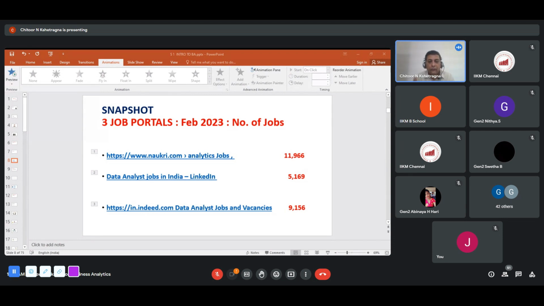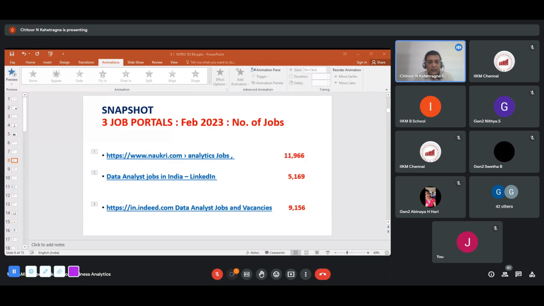LinkedIn is more professional. We all know what Facebook is, we all know what Twitter is. All of these are social media for putting up your pictures, photographs, stories, and reels. But LinkedIn is professional networking.